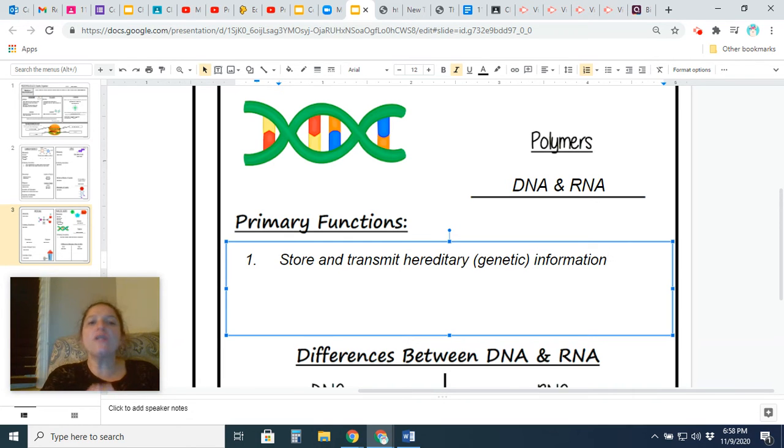Okay, so that is the function of nucleic acids. They store and transmit hereditary information or genetic information.